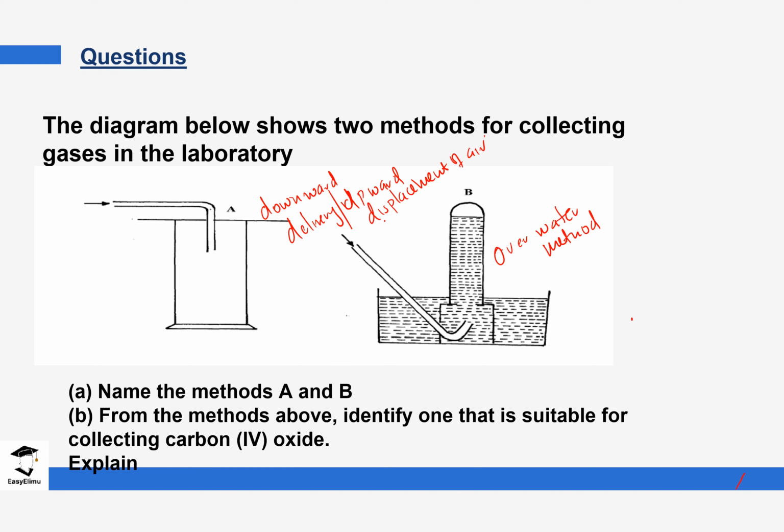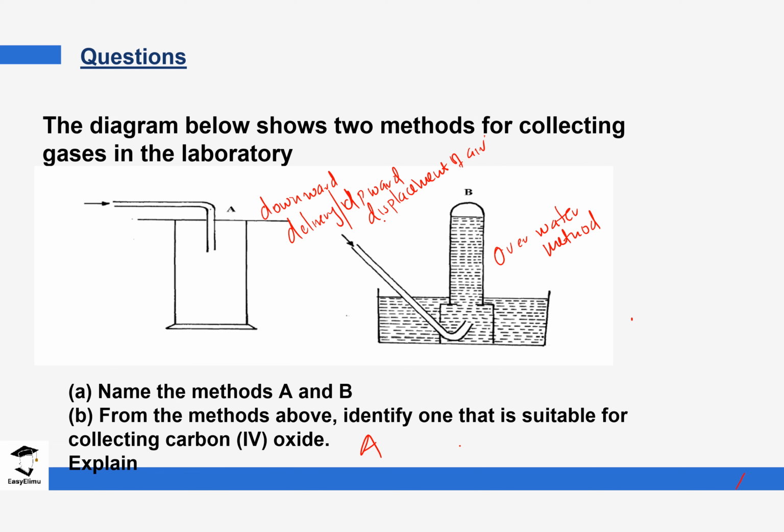Then question B says, from the methods above, identify one that is suitable for collecting carbon dioxide. For carbon dioxide, we know that it is heavier than air, or denser than air. And we said the ones that are denser than air, we collect by downward delivery. So method A would be suitable.